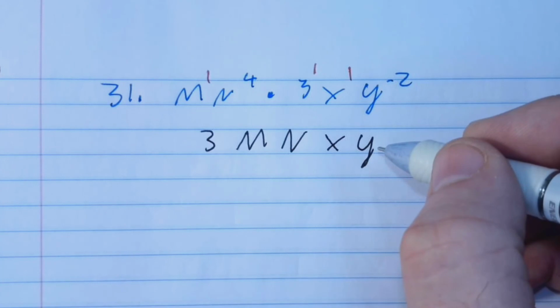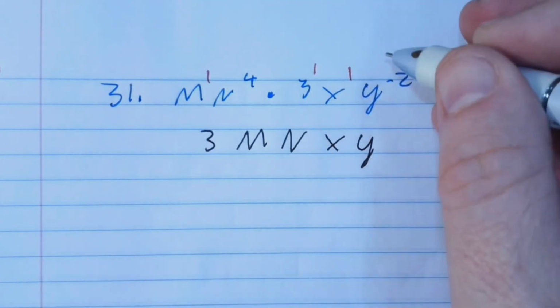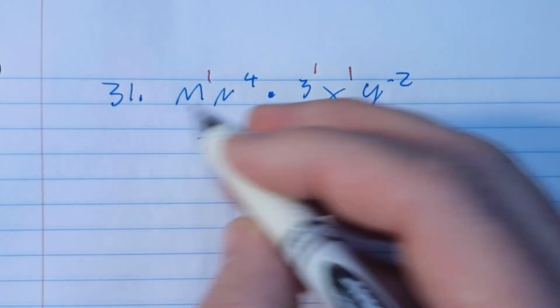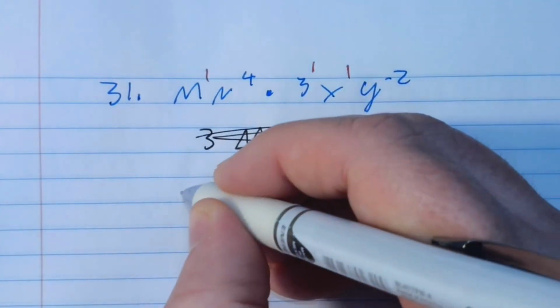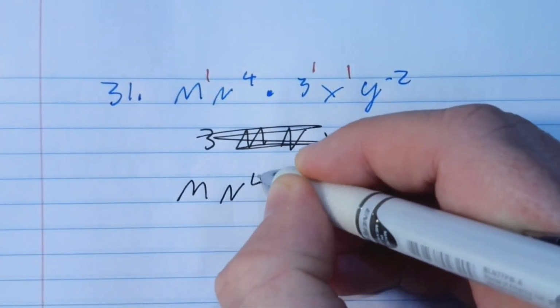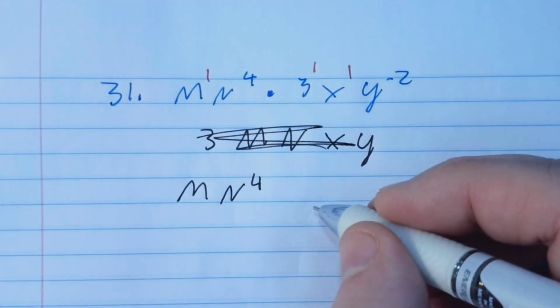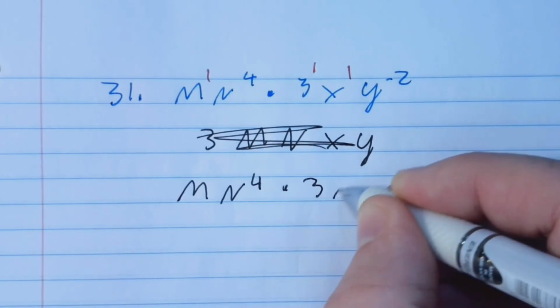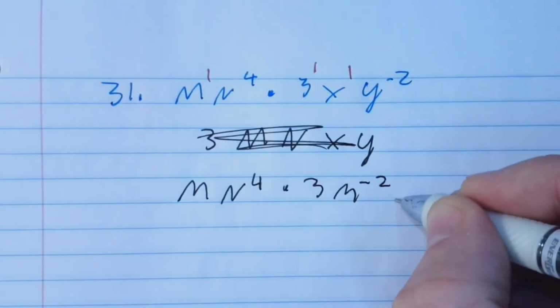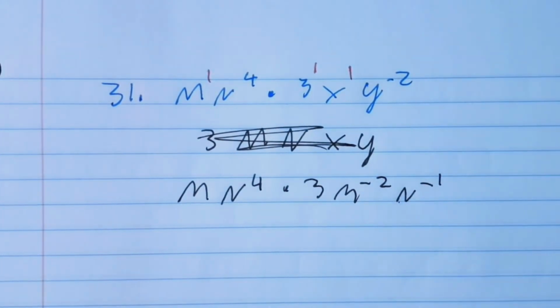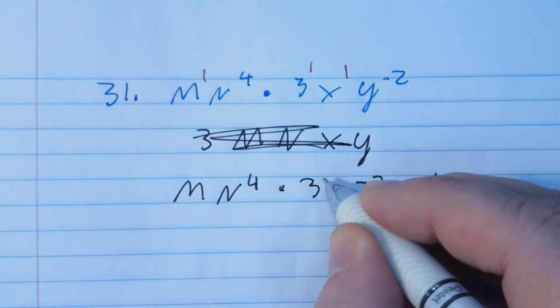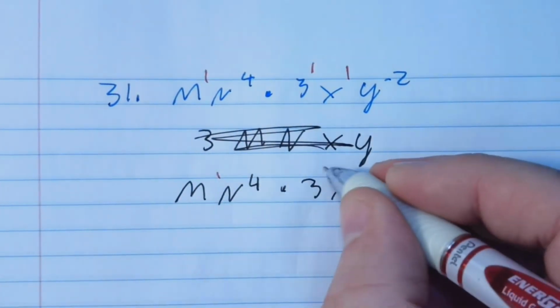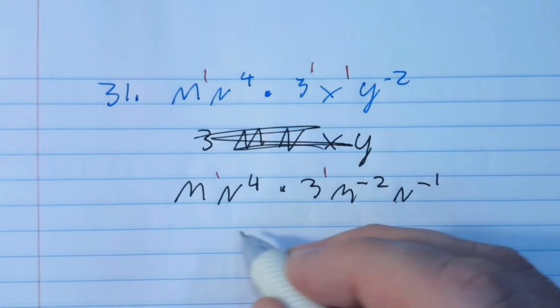What's that supposed to be? Did I do two different problems? Yeah, I did. That's not 31, is it? All right, that looks more like your 31. Still the same principle, like bases. I was like, that doesn't make any sense.